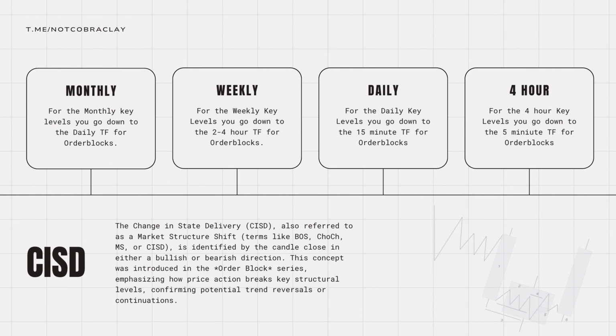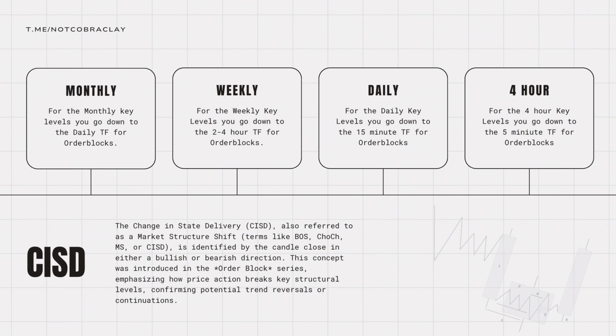So I want you to focus on these things, because the traders that do the boring stuff for the longest will most likely succeed in anything in life. Trading isn't hard. The hard part is doing the boring stuff over and over again because it doesn't give you a dopamine hit. This concept was introduced in the order block series, emphasizing how price action breaks key structural levels, confirming potential trend reversals or continuations.